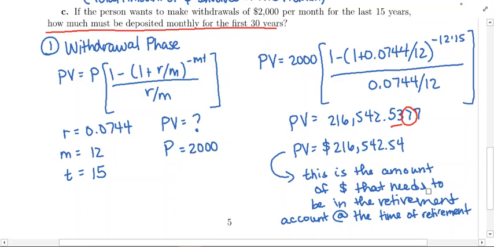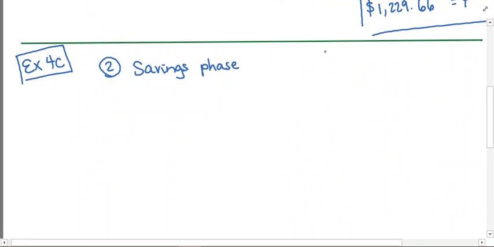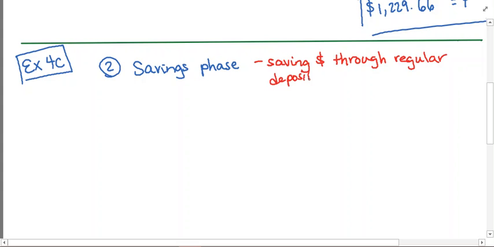Like I said, during the savings phase, they would be saving money through regular deposits, and there are no withdrawals at this point in time. The withdrawals don't happen during the savings phase. They happen during the withdrawal phase.